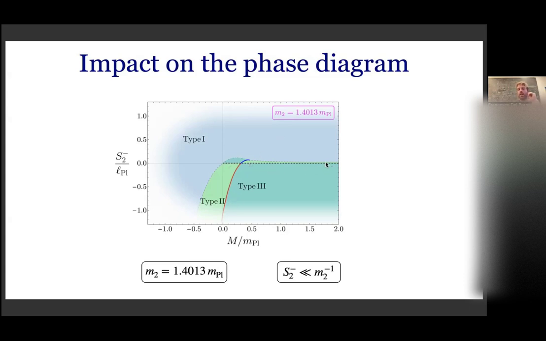If you have a large ADM mass, type 2 solutions are not there anymore, and you exclude a big part of the non-Schwarzschild black holes, as you can see, where the line has been cut. In any case, you deviate from the GR solution by something which has an S2 minus of the order of the Planckian length. So apart from deviations of Planckian order, you are basically within Schwarzschild.